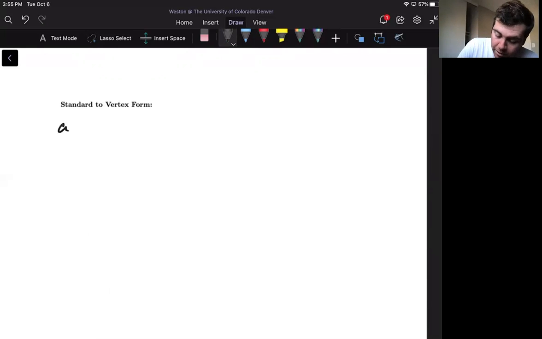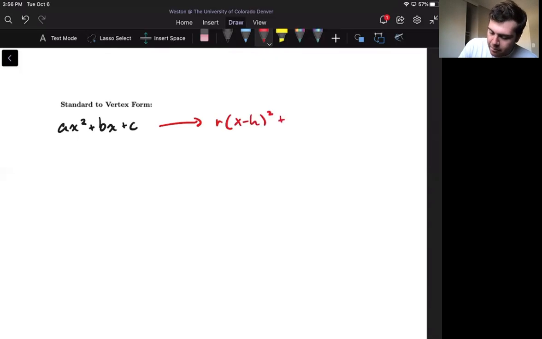So if we have a quadratic in standard form, ax squared plus bx plus c, our goal is to make it look like, I guess I need to use a different letter that's not a, so we'll say r times (x minus h) squared plus k.